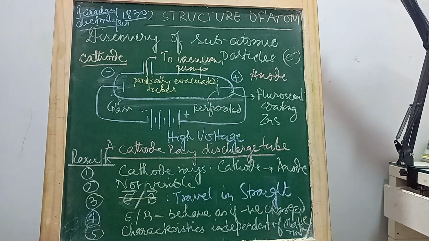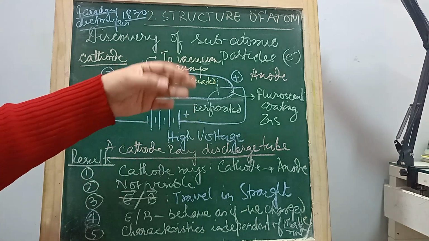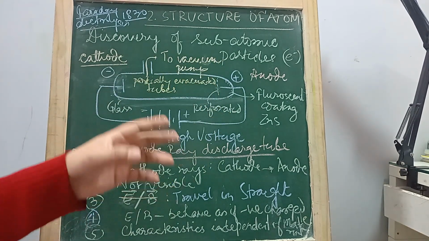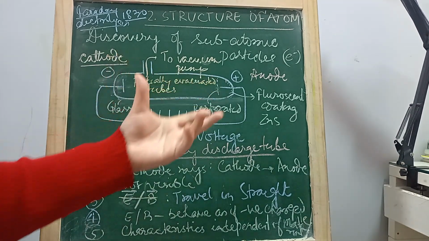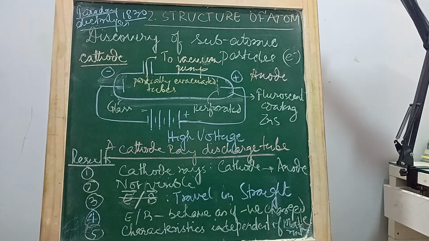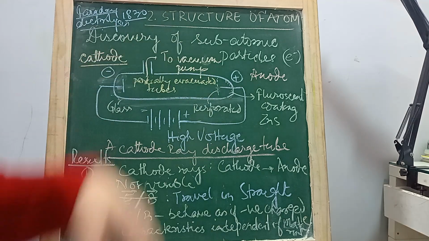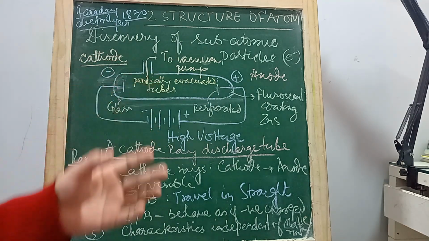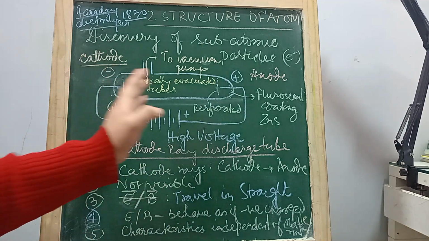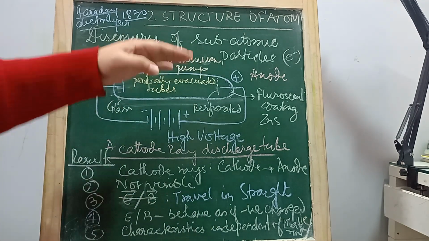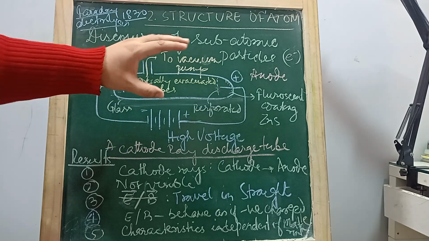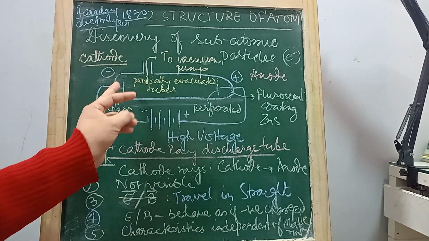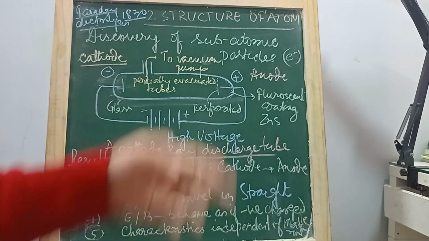This is point number 4. No matter what kind of gas is present, and if we change the kind of electrode, it may be gold or platinum or any other metal, we find that the characteristics of the charged particle do not depend on the kind of electrode, or the kind of gas with which the cathode ray tube is filled. That means something which is coming out from here is universal.